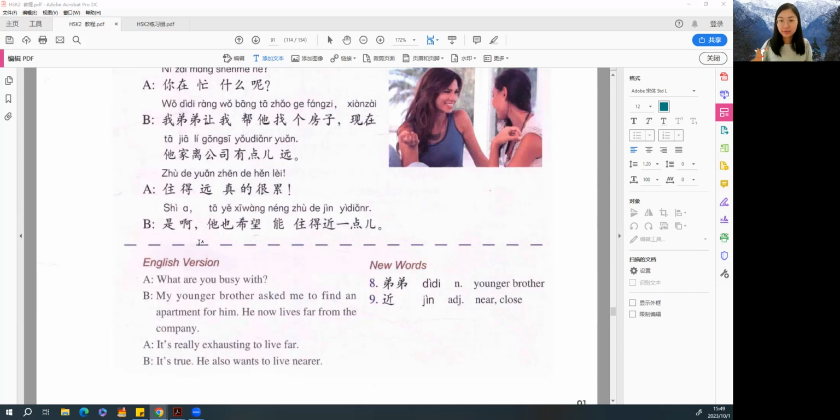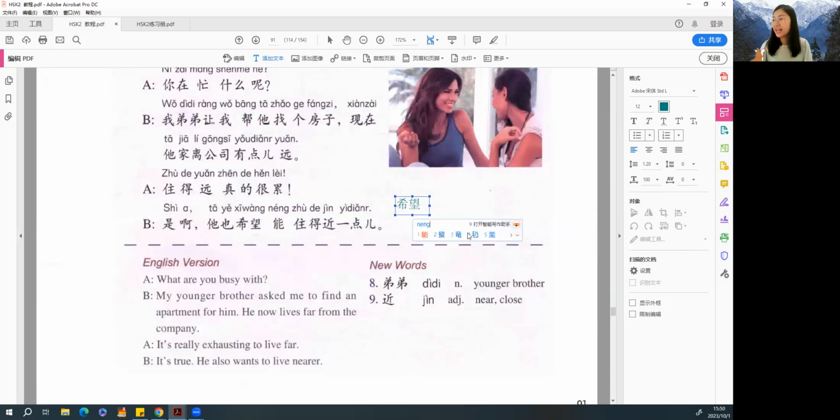So whenever in the future you want to type, for example, 希望, then I know exactly which one I would like to choose. It's this one, 希望, and 能, it's 能.